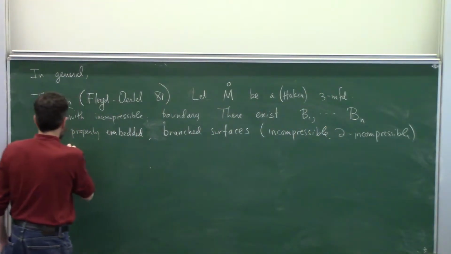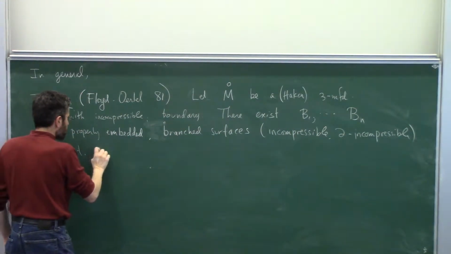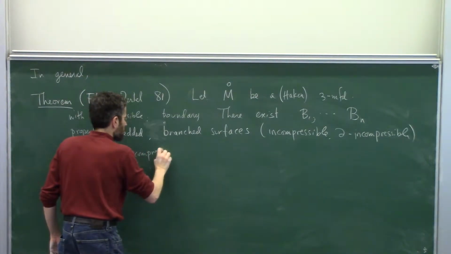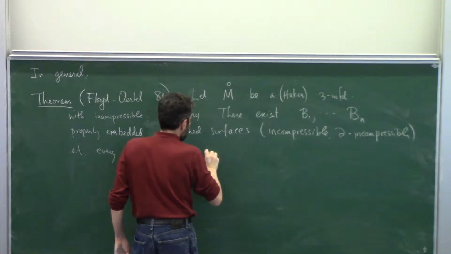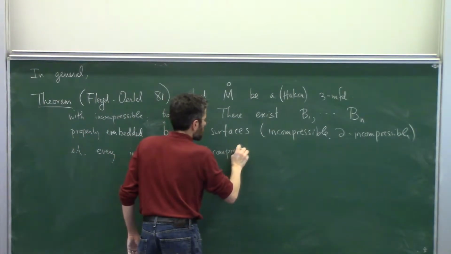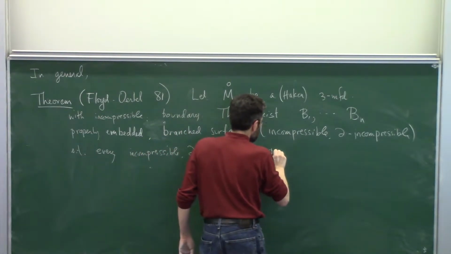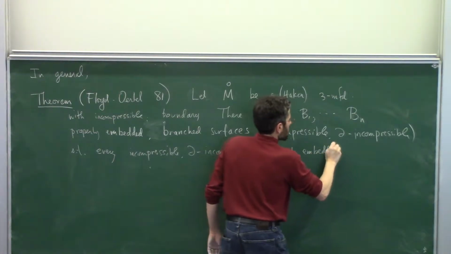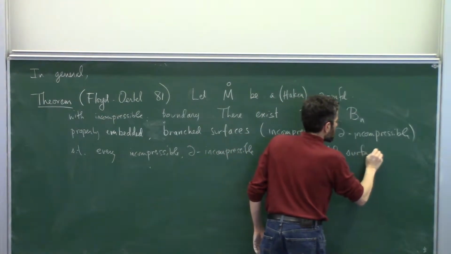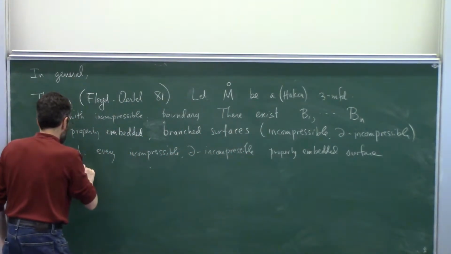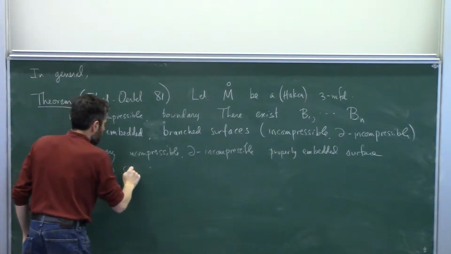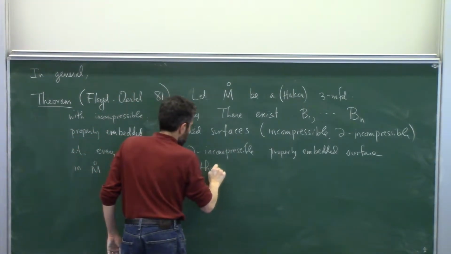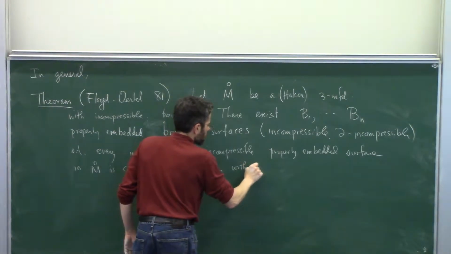such that every incompressible, boundary incompressible, properly embedded surface in M circle is carried on one with positive weights.